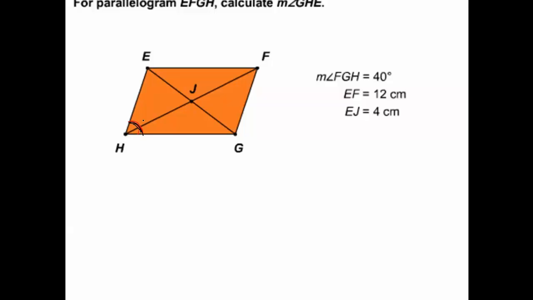There we go. That whole angle is what we're looking for. They tell me that the measure of angle FGH, so that's this whole angle right here, is 40 degrees. Oh, this is still the same as that other one. So 12 centimeters, and then EJ is 4 centimeters.